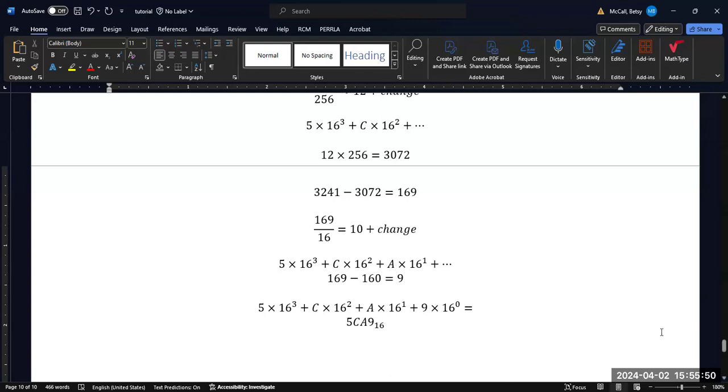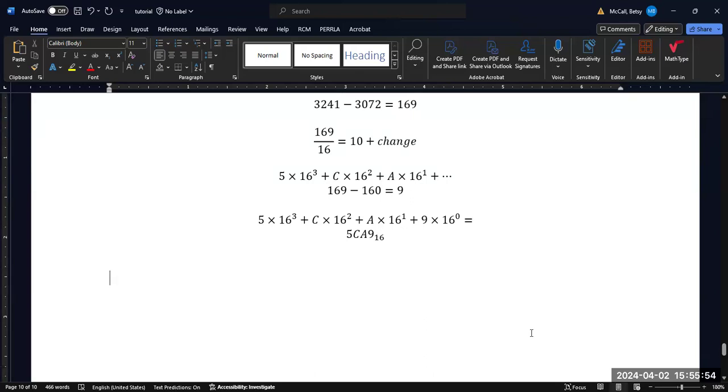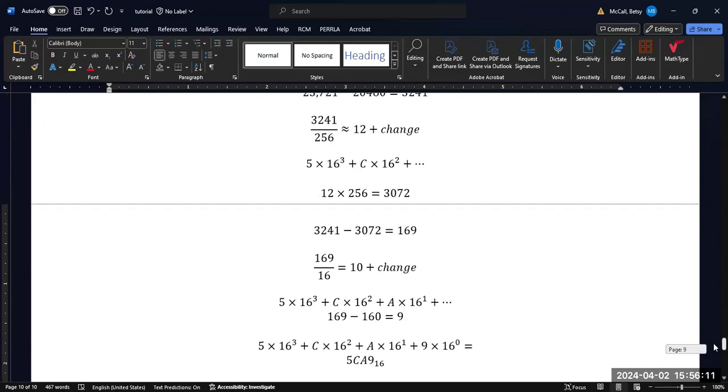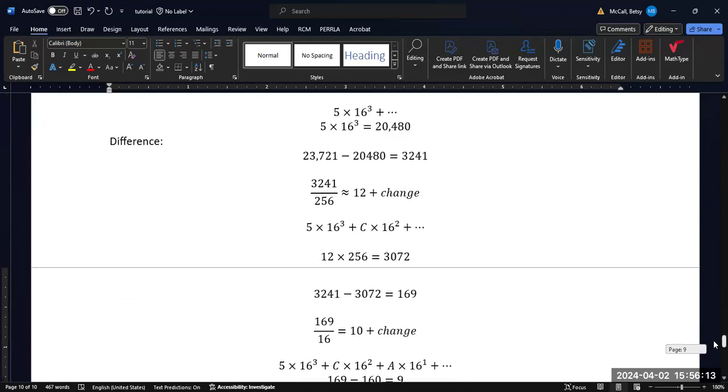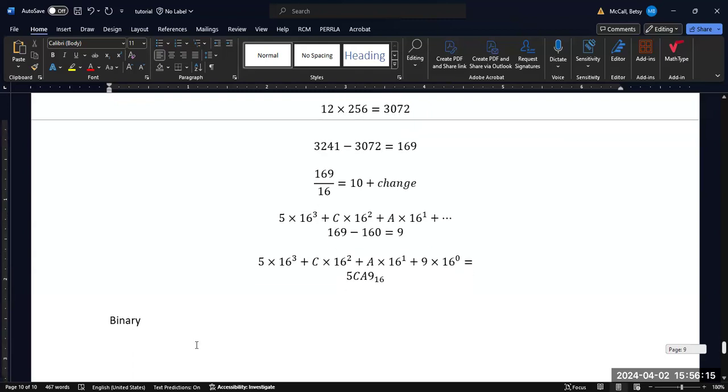All right, and then if we want to do this same number into binary, then again, we're looking for the largest power of 2 that is still less than the number that we have. So we started with 23,721.